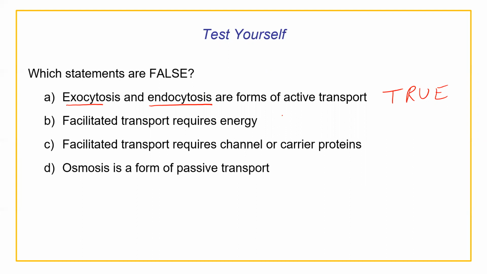No, facilitated transport is a type of diffusion that just needs a little help from a transport protein. C, facilitated transport requires channel or carrier proteins. Yes, that's what we need for facilitated transport, so that's true. And then D, osmosis is a form of passive transport, and the answer is true. Osmosis does not require energy.